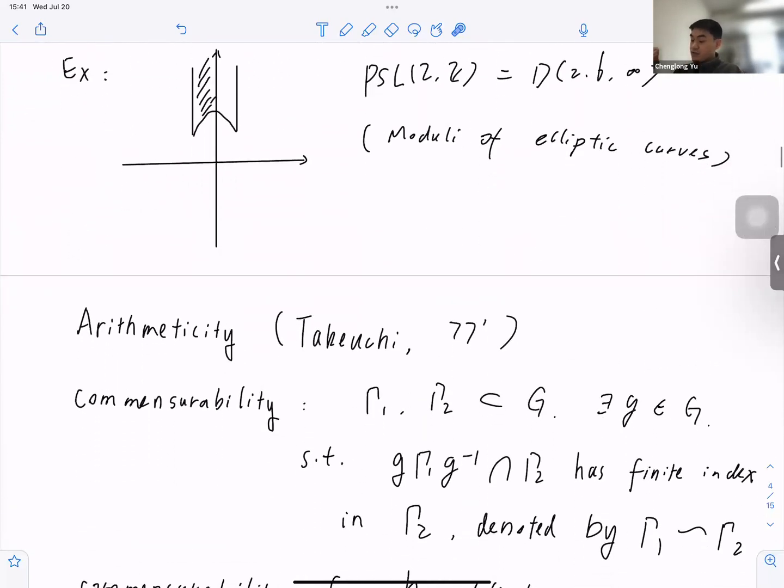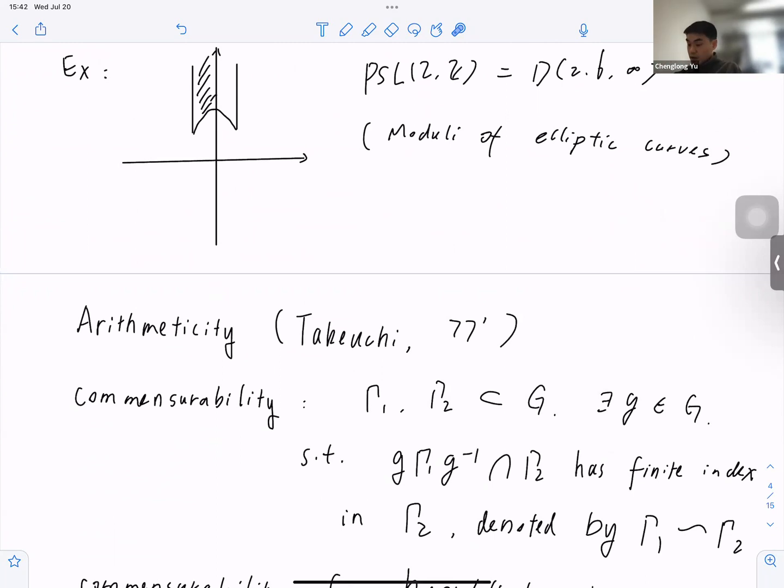So for the classification of triangle groups, especially the hyperbolic triangle groups, the arithmeticity problem was solved by Takeuchi in the 70s. There is a finite list of those groups.